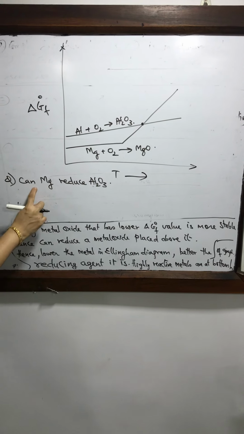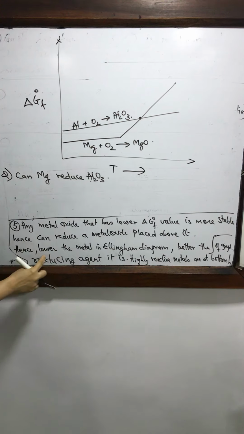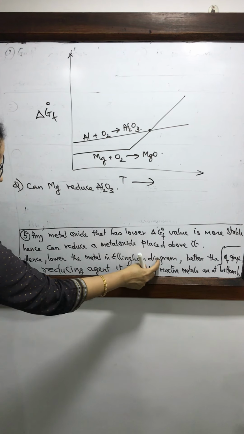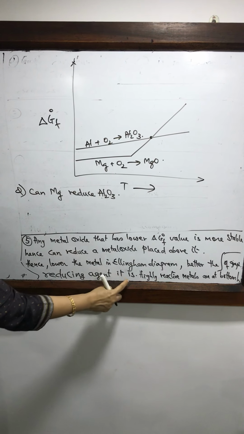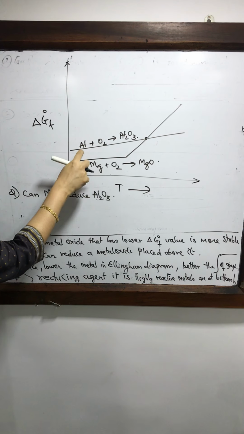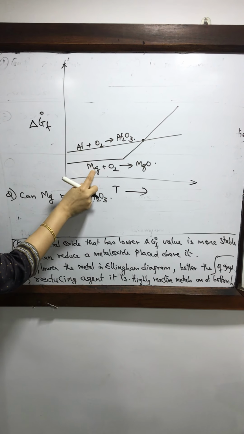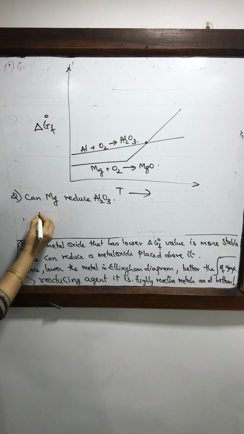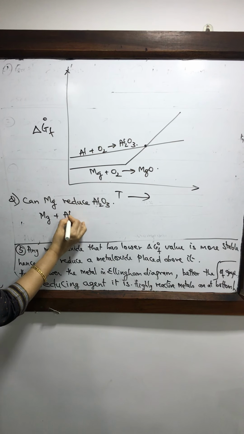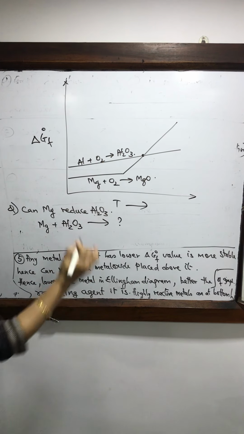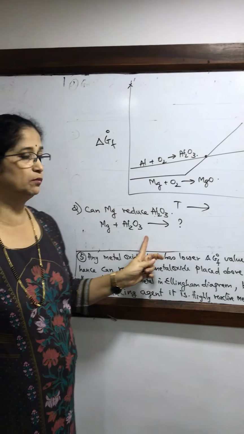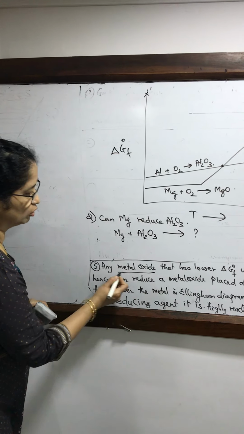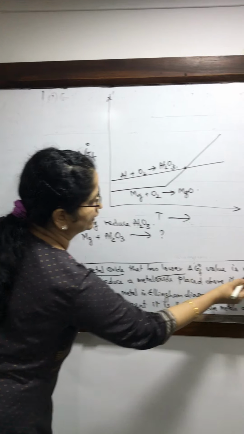Now the question is, can magnesium metal reduce aluminium oxide? The point says, the lower the metal in the Ellingham diagram, the better the reducing agent it is. So magnesium is a better reducing agent than aluminium, so magnesium can reduce aluminium oxide very easily. The equation is like this: magnesium plus aluminium oxide. Is this reaction feasible? Can it be used as a reducing agent? The point says that the metal oxide that is lower is more stable.